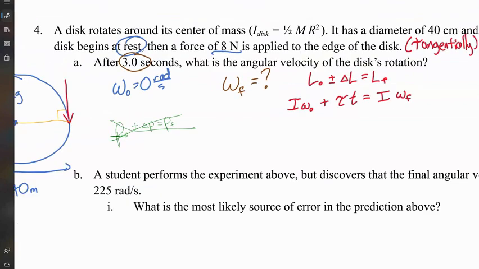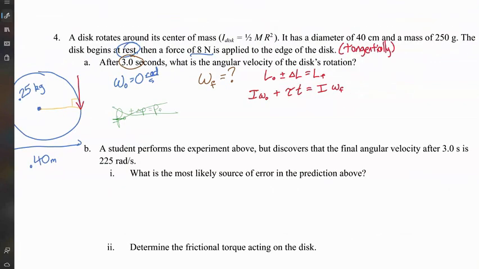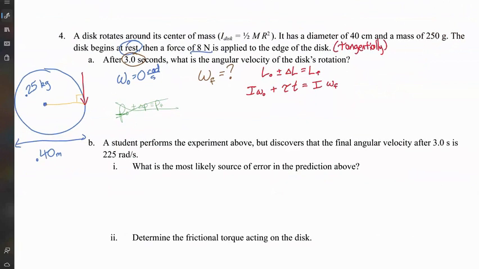I hinted at this when we learned about torques the first time: now we can use torques to look at how things change their angular momentum, because the only way to change the angular momentum of an object is by applying an external torque. So how do we calculate that mathematically?